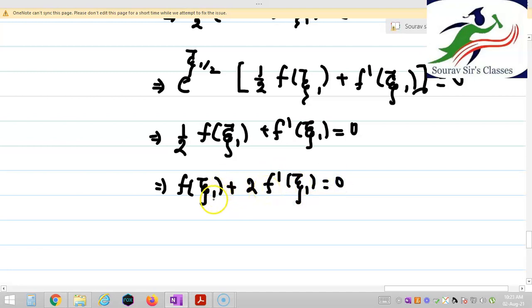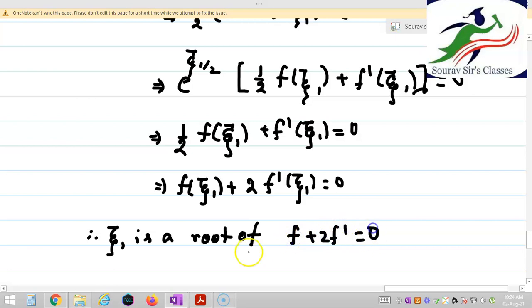So we have found our root xi1, therefore xi1 is a root of f plus 2 f dash is equal to 0.